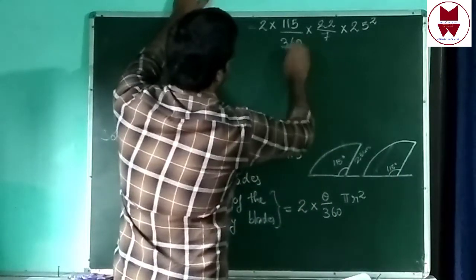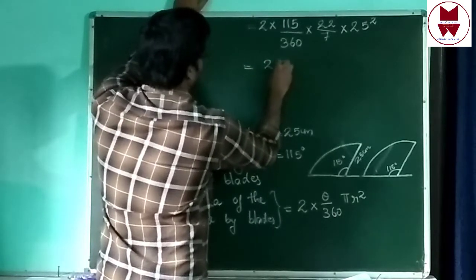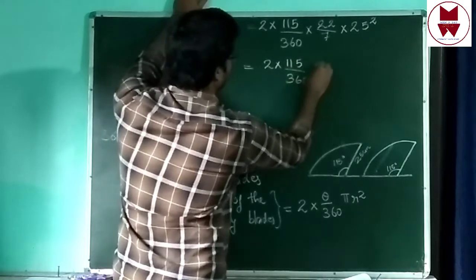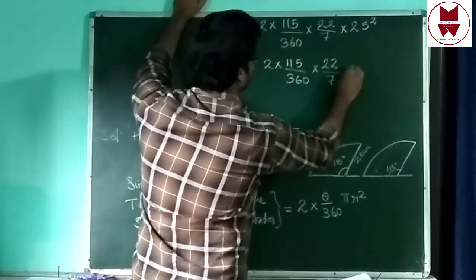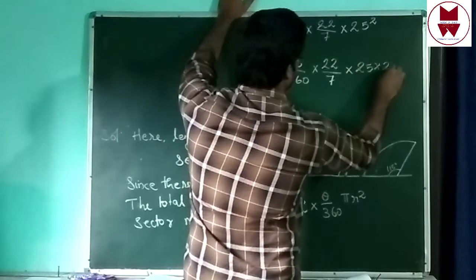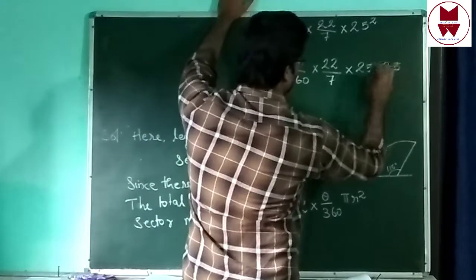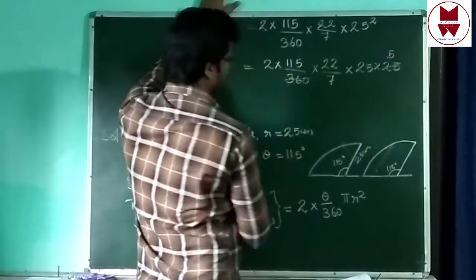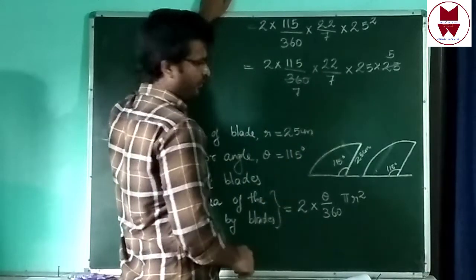Then 2 into 115 by 360. 25 square means 25 into 25. Using 5 we can cancel. In 25 how many times 5? 5 times. Then 360, in 36, 5 7 times, then 1, that means 10.